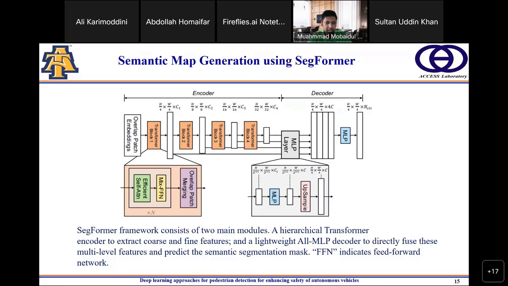Then we pass these multi-level features to the all-MLP decoder to predict the segmentation mask at H/4 x W/4 x N_cls resolution, where N_cls is the number of categories or classes in the semantic map.